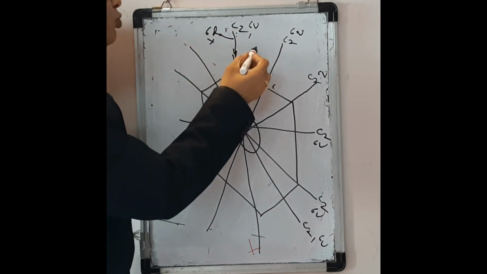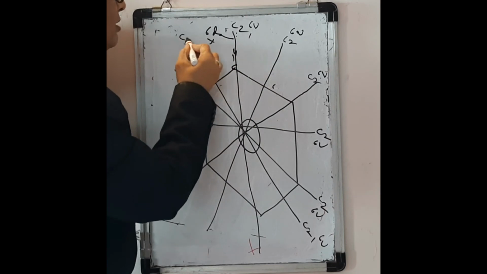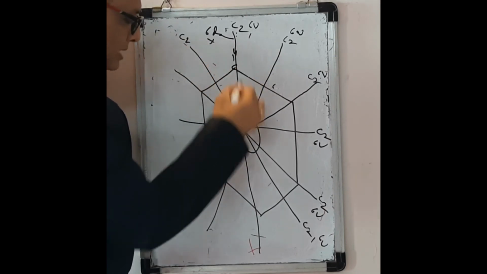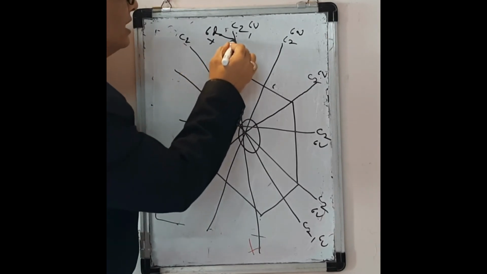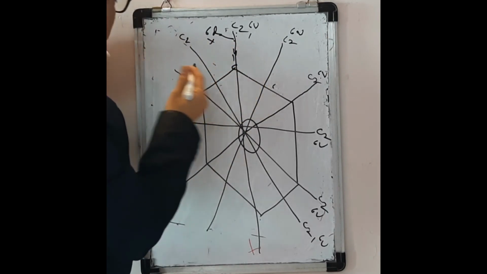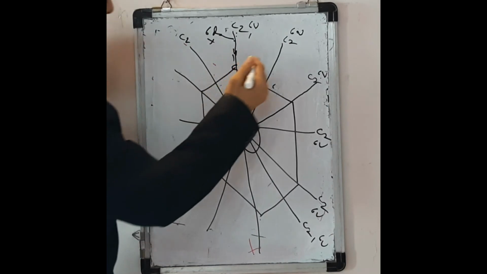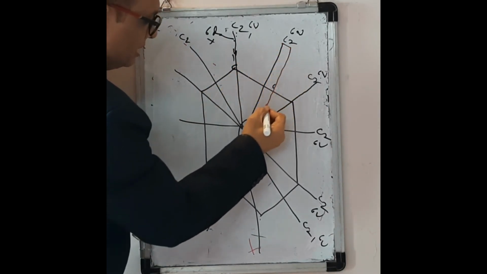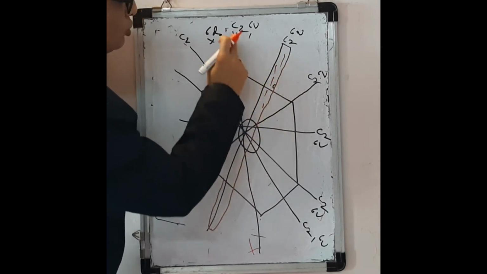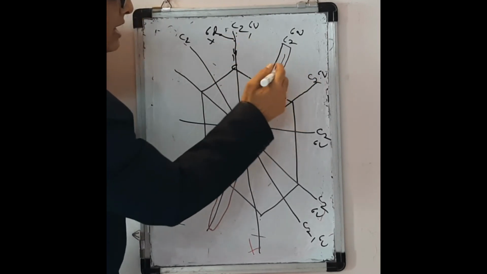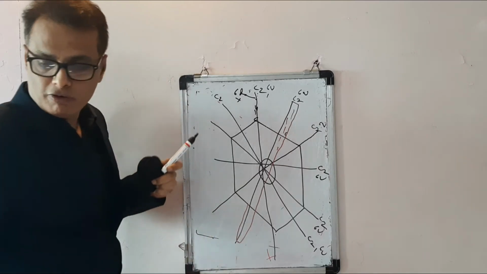Because it bisects two perpendicular C2 axes, but it passes through the maximum number of atoms, 2 carbon and 2 hydrogen atoms. So this should not be considered as a dihedral plane of symmetry. This should be considered as a dihedral plane of symmetry. Why? Because it bisects two perpendicular C2 axes, and these contain the minimum number of atoms.